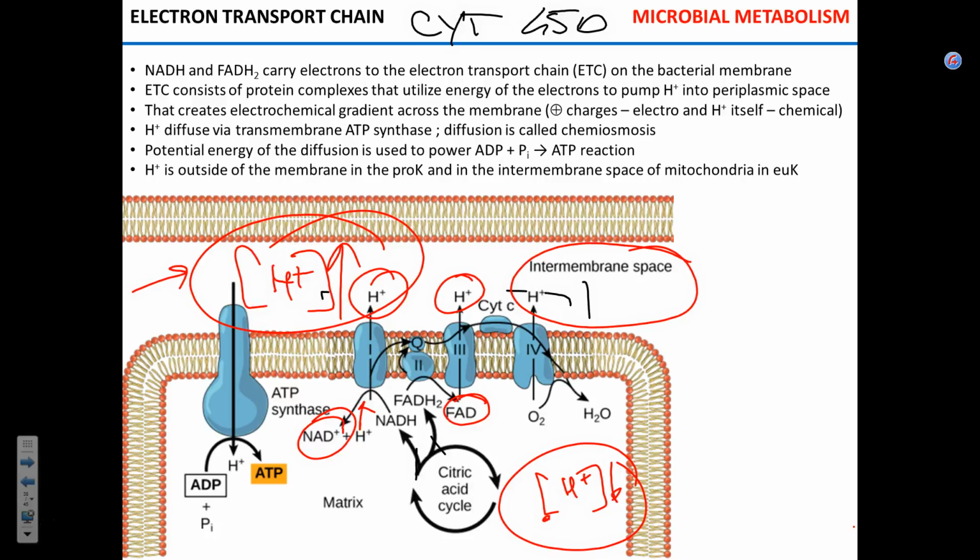This opening comes in the form of an extremely complex molecule called ATP synthase. It's a little miniature molecular motor. It actually has a moving part, like a rotating part.